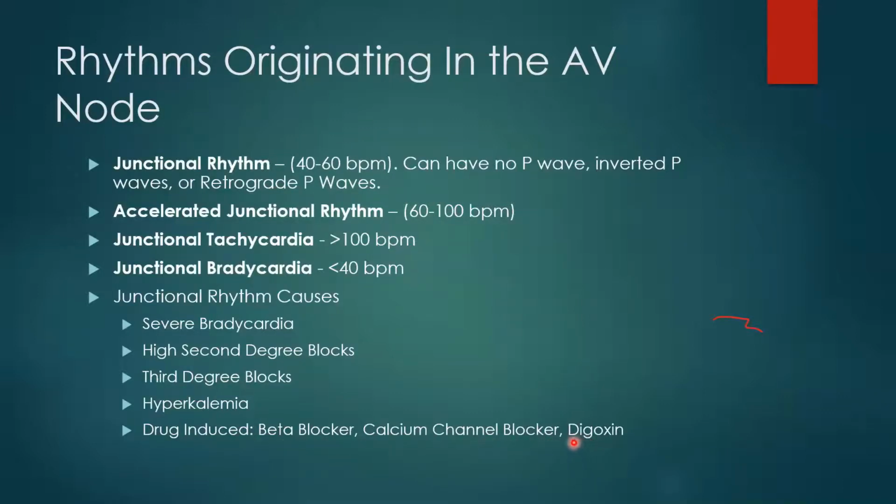You don't see those meds very often anymore. With the advent of beta blockers and calcium channel blockers, digoxin's kind of fallen by the wayside, but it used to be a medication they used to treat AFib. The only problem with it is it has a very minimal threshold.